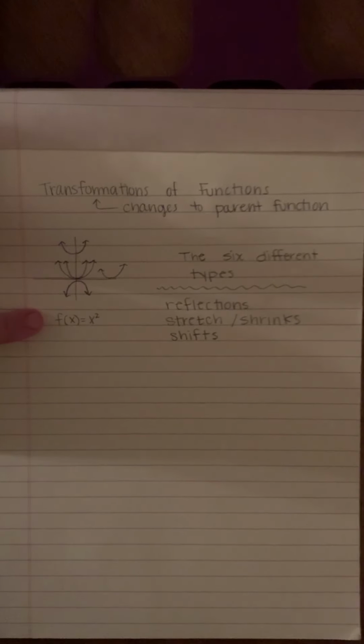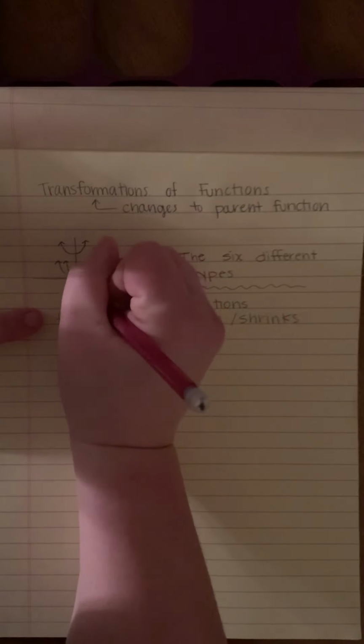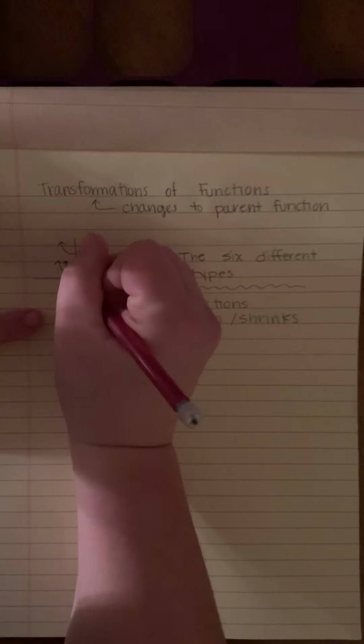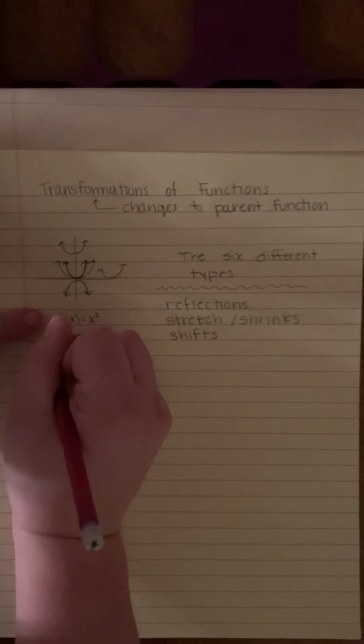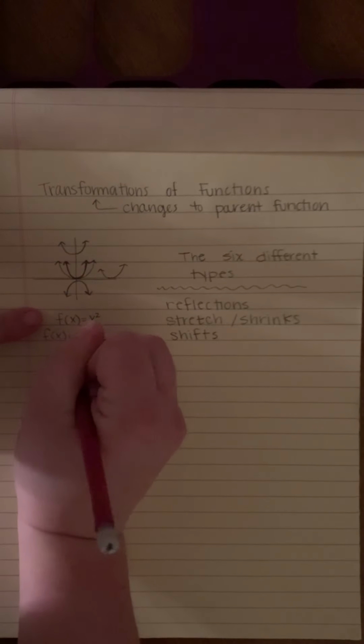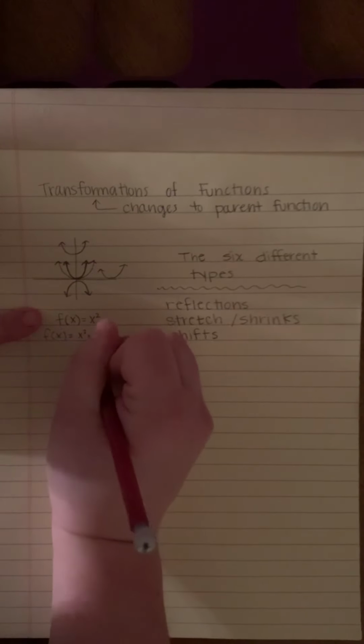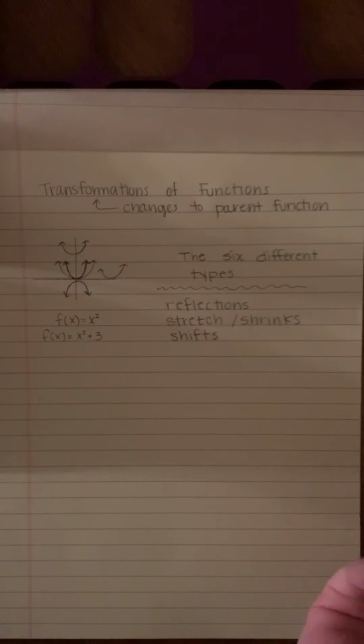Okay, so the original quadratic would just be this, right? Plain, simple quadratic, the one I've made really bold now. Now, any different type of quadratic I have. So if I wrote f of x equals x squared plus 3, that is a new quadratic, but really it's just a transformation from the original function that moves the graph in a different direction.